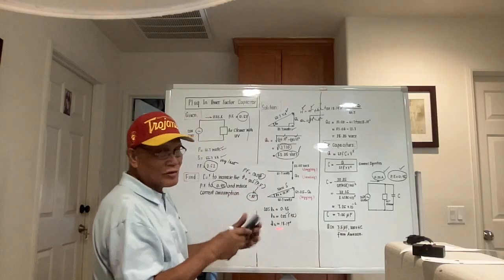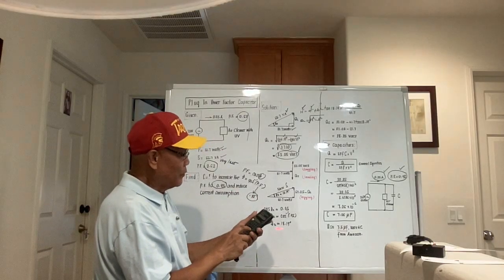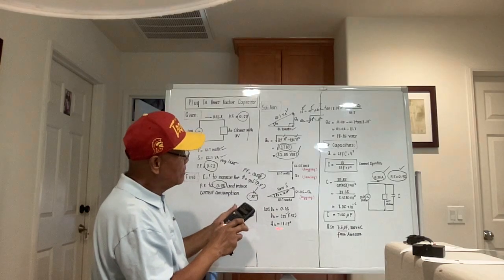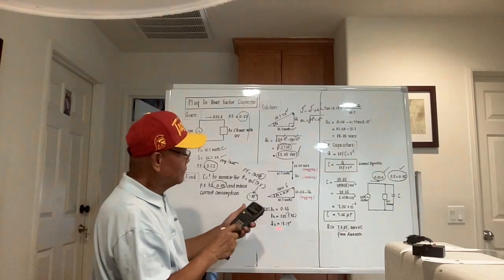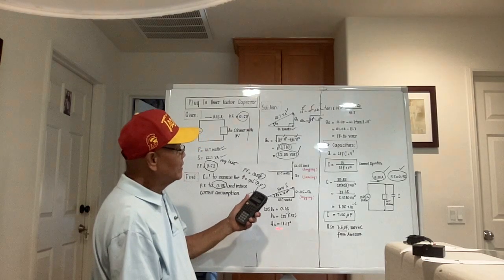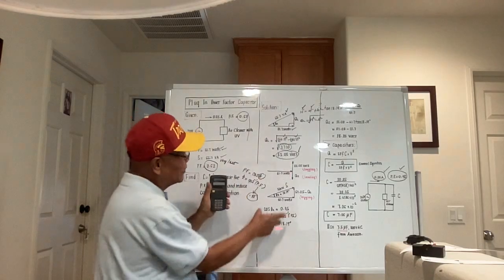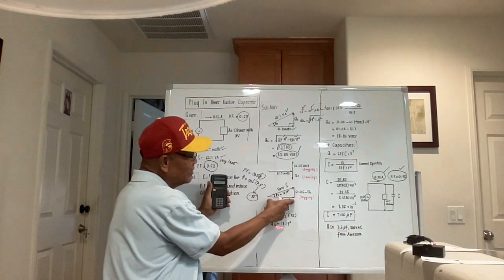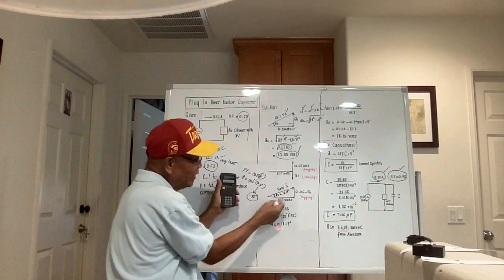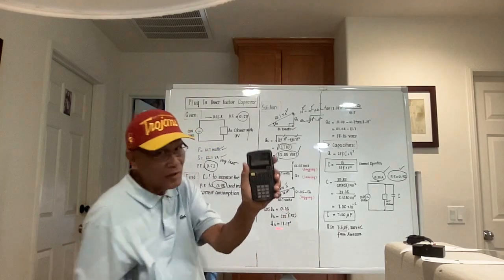And if we use our calculator, we display 0.95, second function cosine. We could get the angle between this true power and this. This is again a right triangle. And what comes out is 18.19.